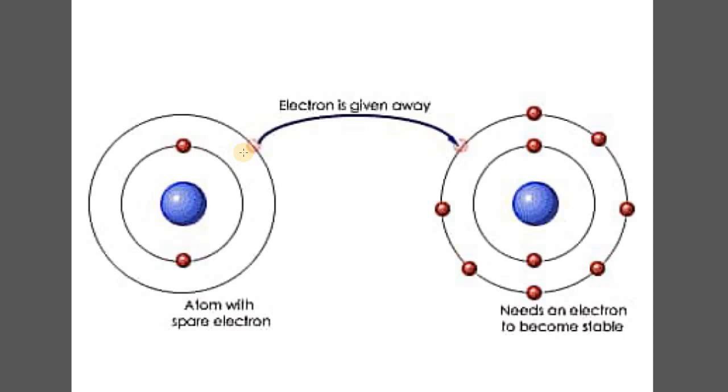Therefore, it tries to lose that 1 electron which is extra for it, and then it can be accepted by any atom which has 7 electrons in its outermost shell, so that it can complete its octet after attaining that 1 electron. That is how it goes in the case of the ionic bond.